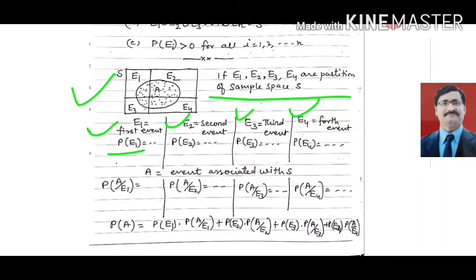Now we will find P(E1), P(E2), P(E3), P(E4), which means we have to find the probability of each event.